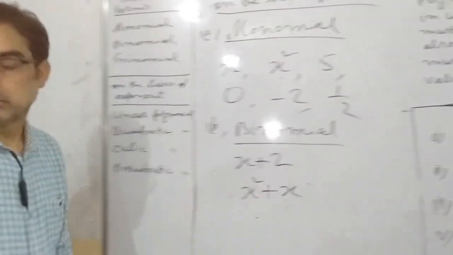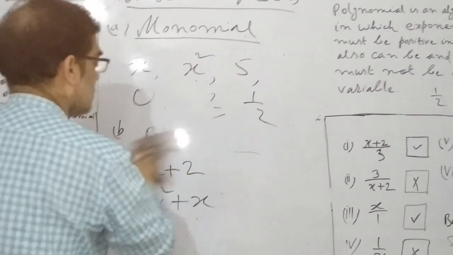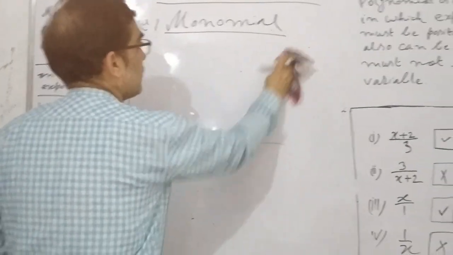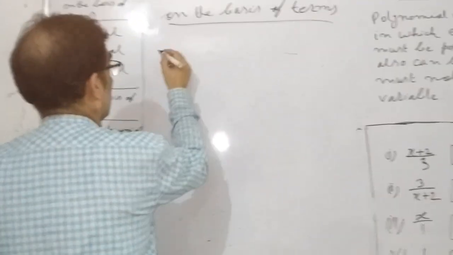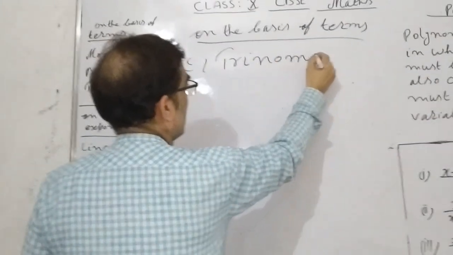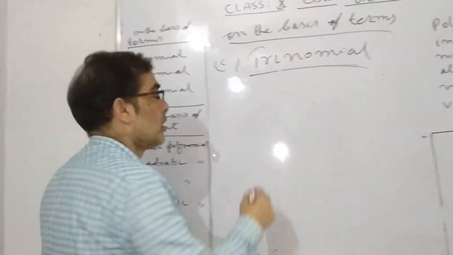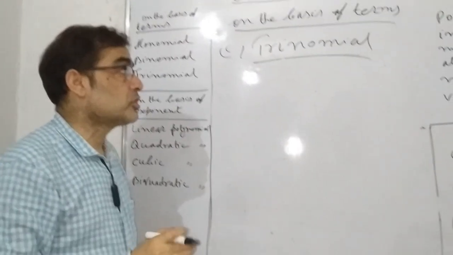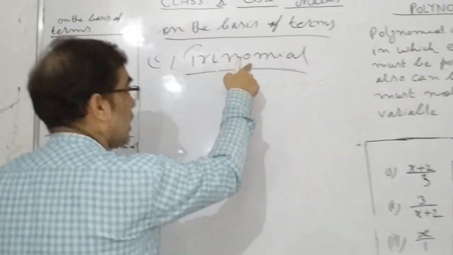And now trinomial. Tri means three. The polynomial which has 3 terms will be called trinomial.